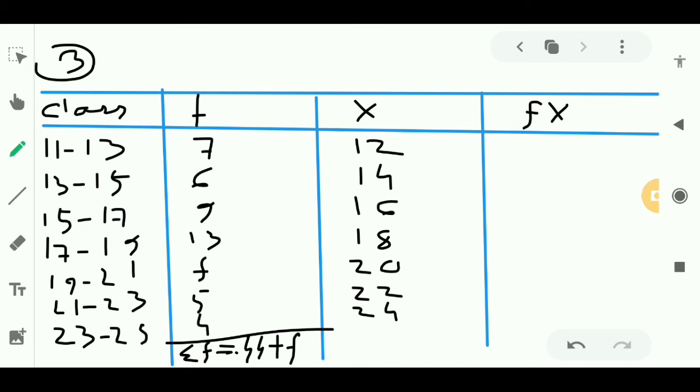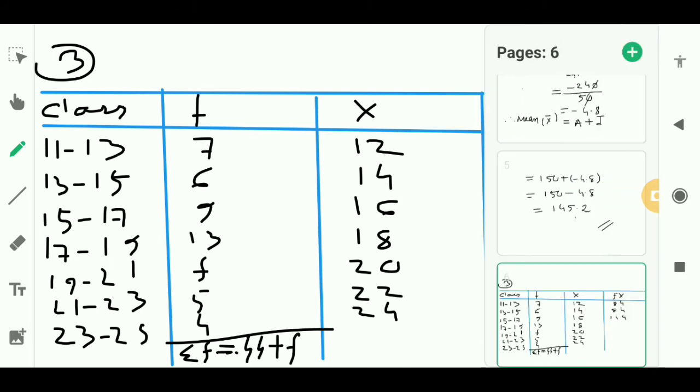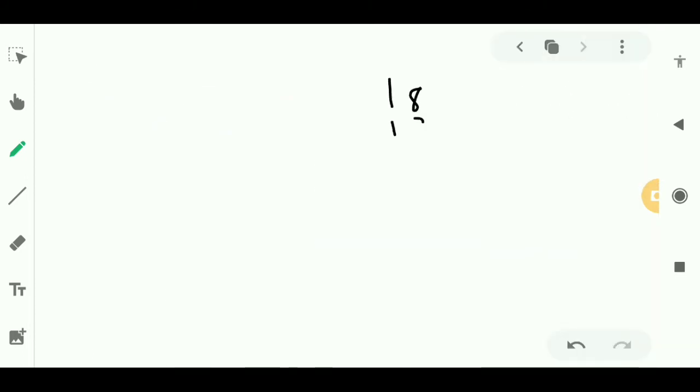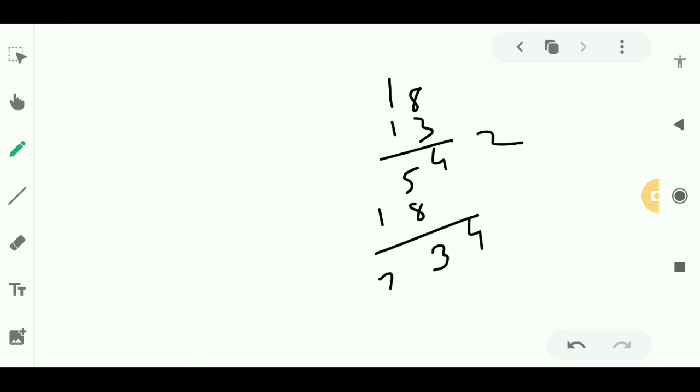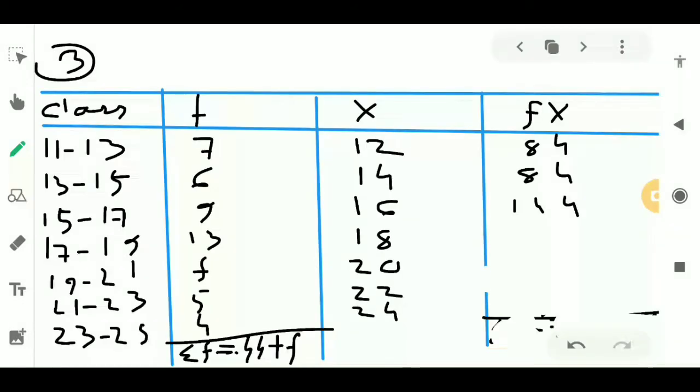Now summation fx, multiplication: 12 times 7 is 84, 14 times 6 is also 84, 16 times 9 is 144, 18 times 13 is 234.